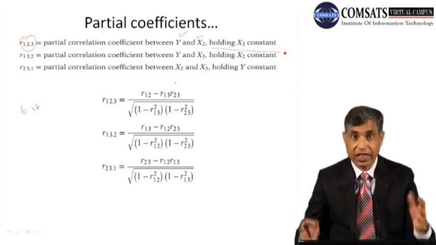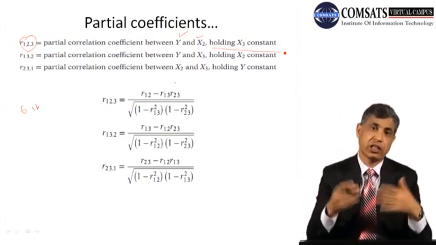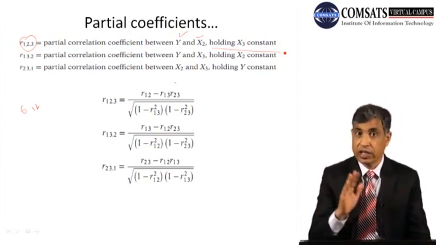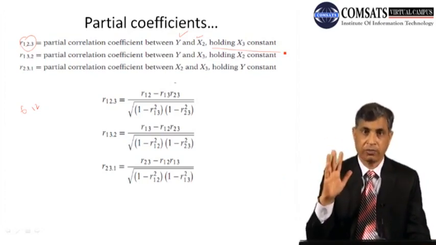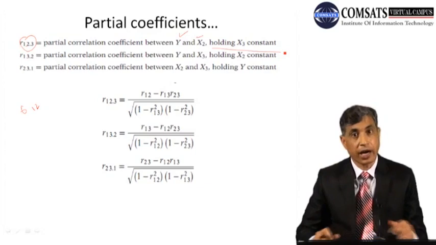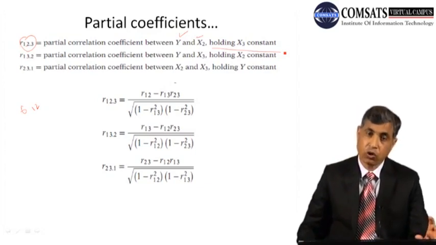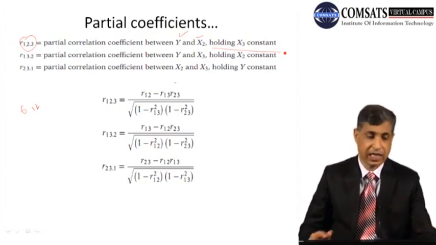We are now taking the importance of x3 into the scene. Previously we were ignoring it. We looked at two variables and let the third go to waste. But here we are not ignoring it. We are taking the correlation between 1 and 2, and we are holding x3 constant.